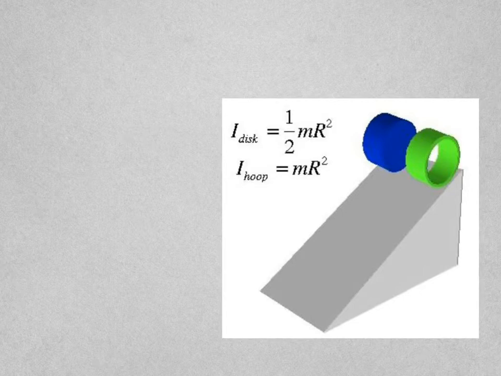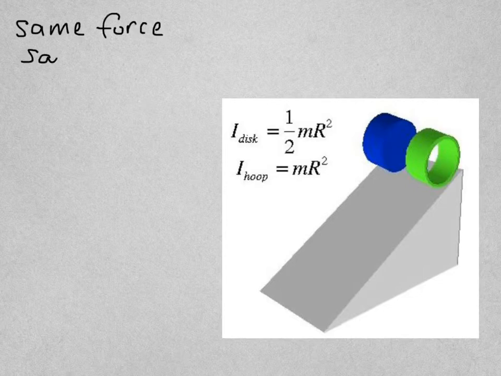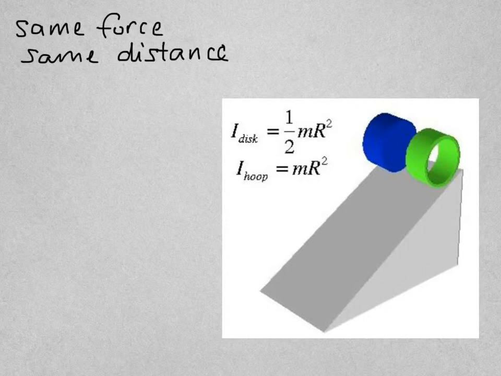So finally, getting back to the question we started with, which would arrive at the bottom first? The force that's trying to turn them is the frictional force between the surface of these two objects and the surface of the ramp. Assuming they've got the same external size and same material, they'd be subjected to the same frictional force, and those frictional forces are both acting at the same radius from their centres.